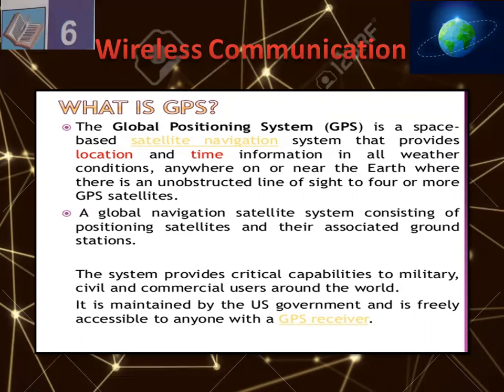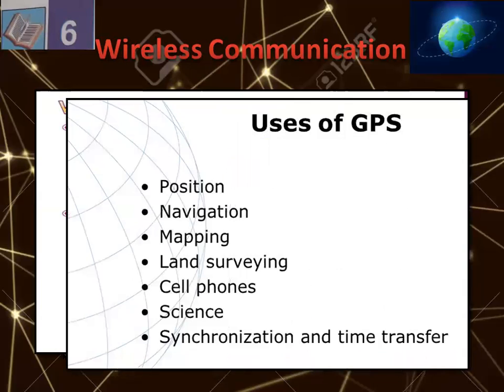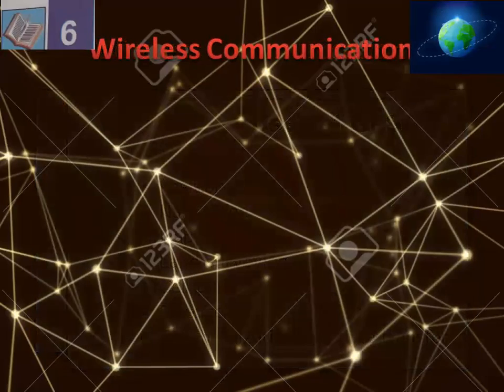The system provides critical capabilities to military, civil, and commercial users around the world. It is maintained by the US government and is freely accessible to anyone with a GPS receiver. The uses of GPS: position, navigation, mapping, land survey, cell phones, science, synchronization, and time transfer.